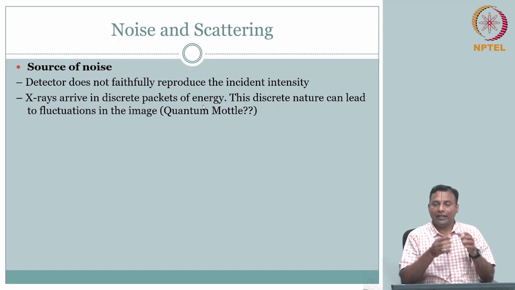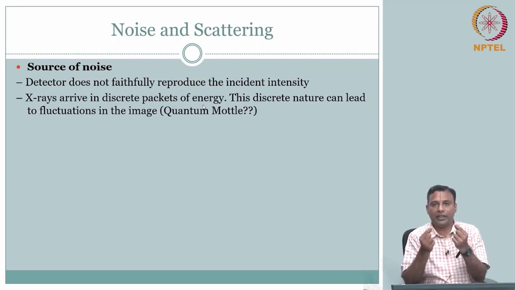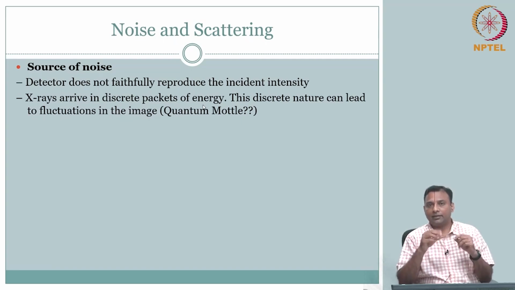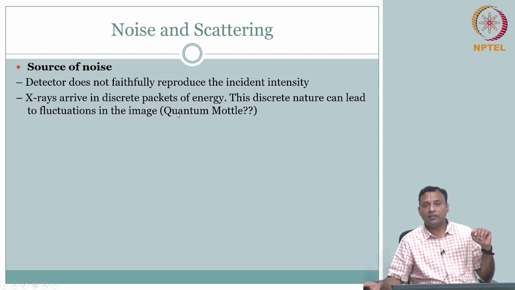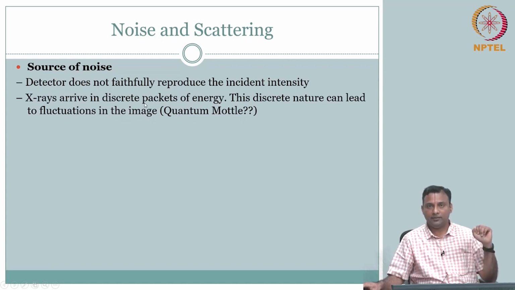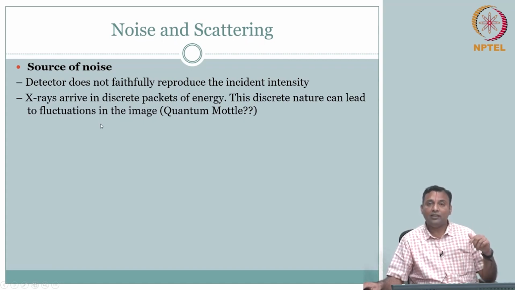So even though it is the same material, adjacent locations may get a different n, slightly plus or minus the neighbor. So there is a fluctuation around. That fluctuation, we also used the term quantum mottle. Because of that, this fluctuation is your noise.